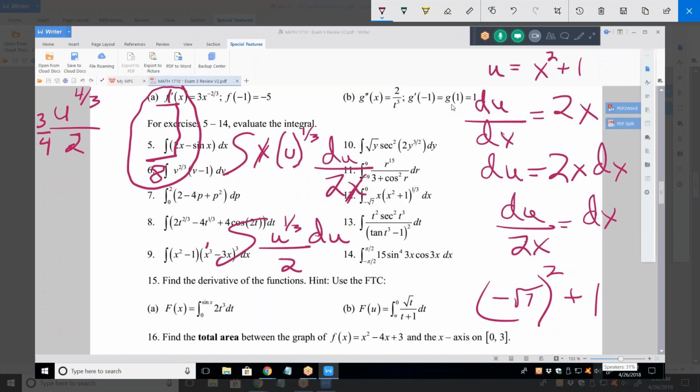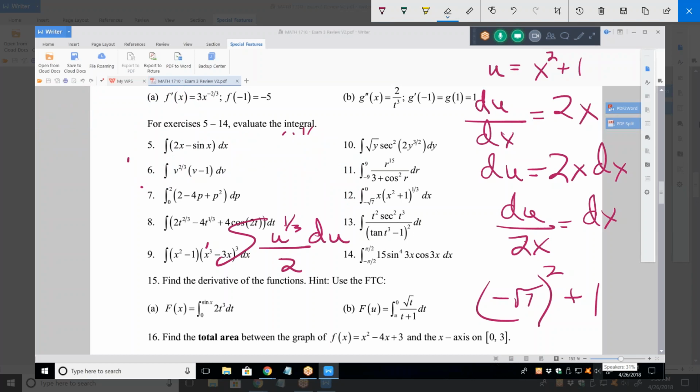Okay, let's go on to the next one. Well, hold on. Before we do that, I want to show you something else, as long as we're dealing with a nice, easy one here. Notice that when we get to this step right here, what I always do is have you solve for dx, right?